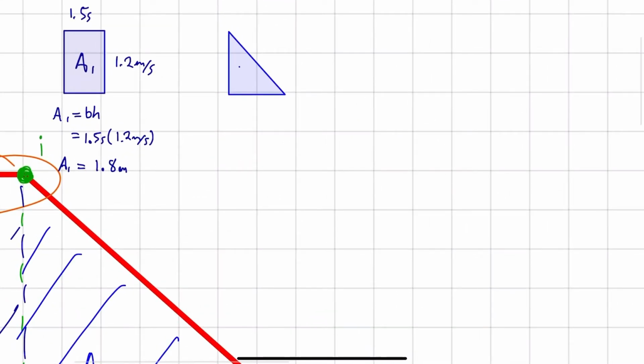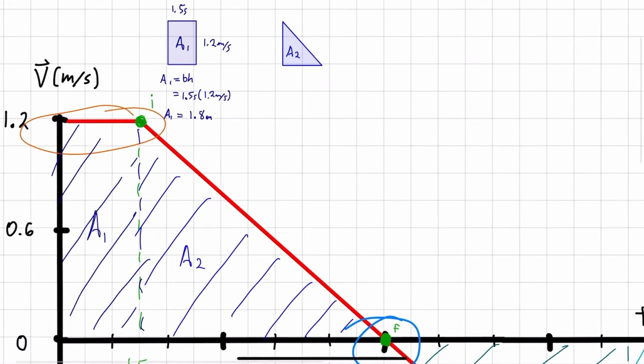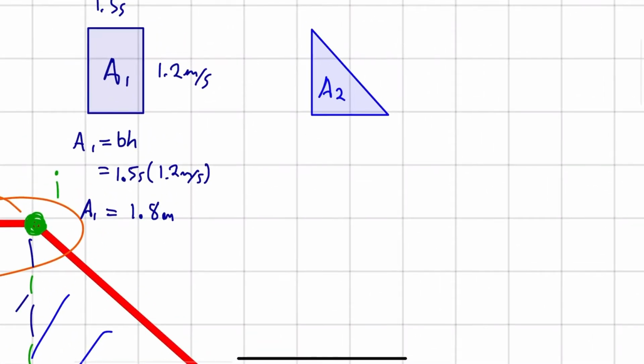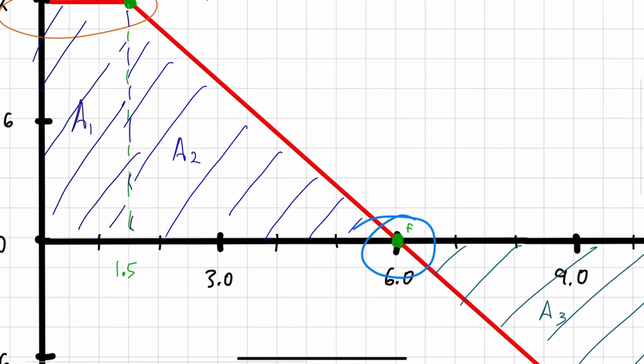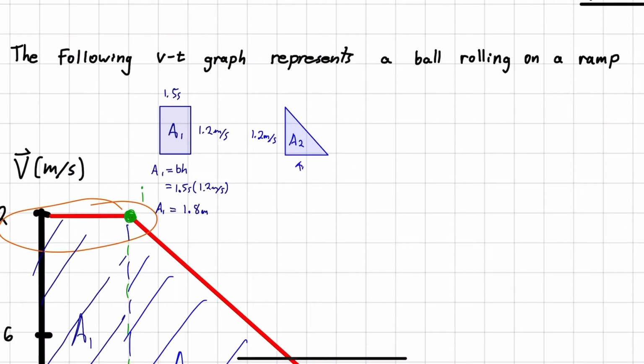Now moving on to our second area. What are the lengths here? So our height, 1.2 meters per second. And then our base, got to do some math here, 6 seconds minus 1.5 seconds equals 4.5 seconds. So our base of the triangle is 4.5 seconds.